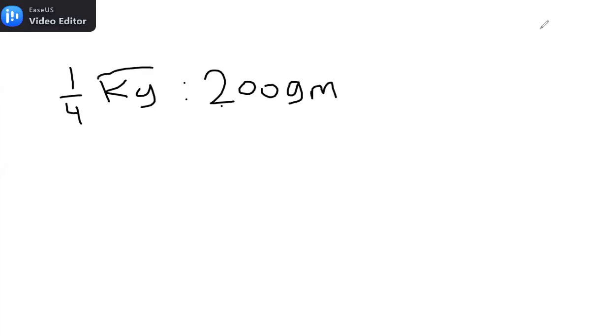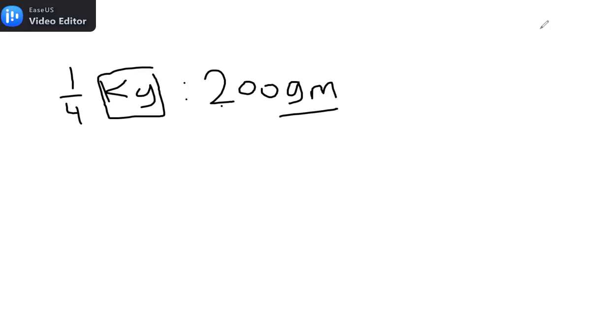The unit here is kilogram, and the unit in the second number is grams. It's easy to convert kilograms into grams by 1000, or by asking ourselves this easy question: how many grams in 1 kilogram? 1000. So a quarter of 1,000 equals 250.